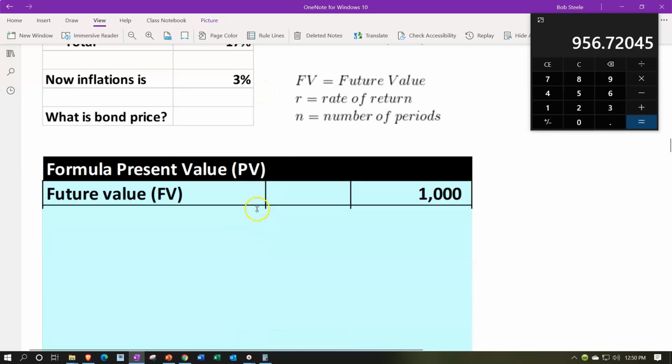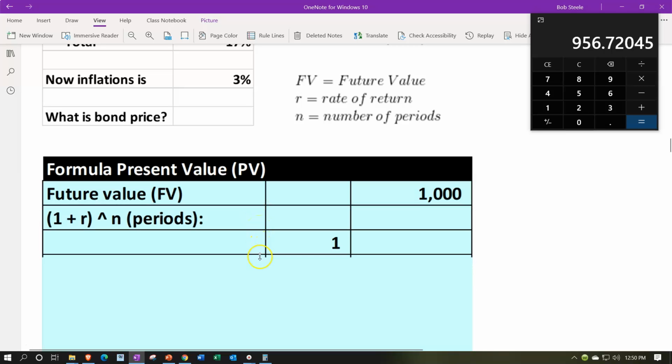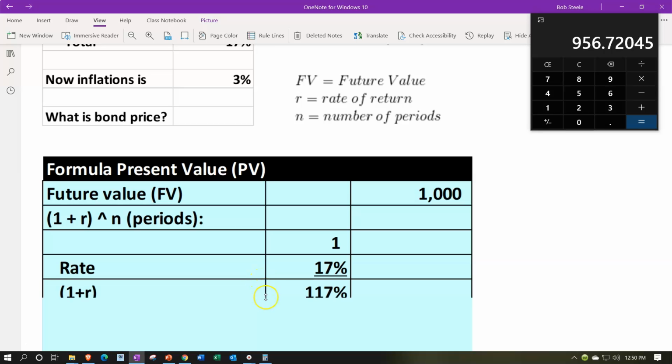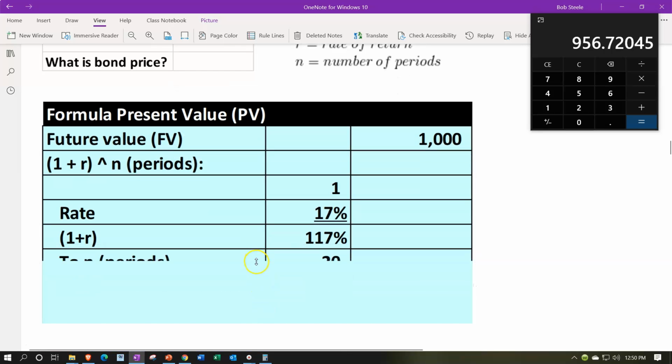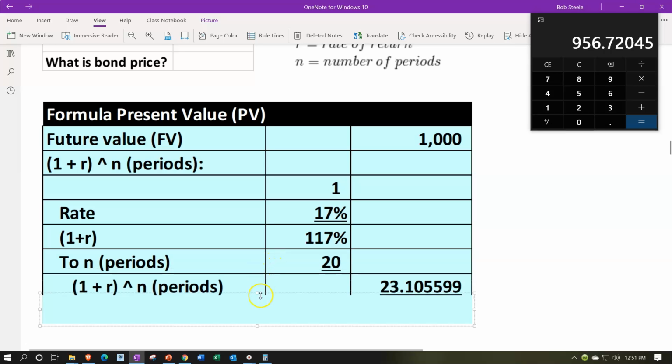Let's do that with our little table here. We got the 1,000 in the outer column. 1 plus r to the n is going to be 1 plus 17%. That's 117%. Taking that to the power of n, 1.17 or 117% to the power of 20 is going to give us 23.105599.